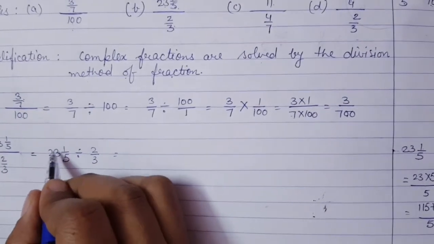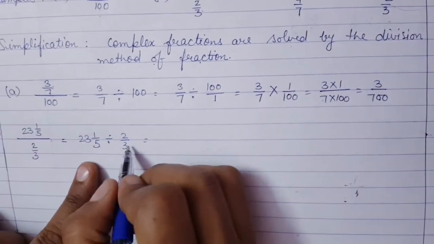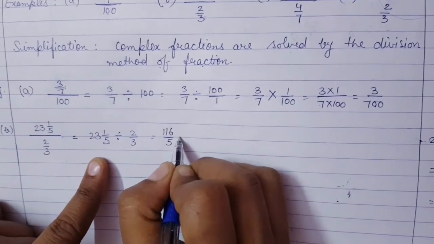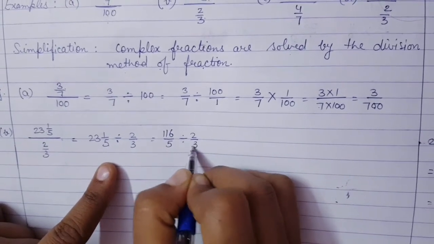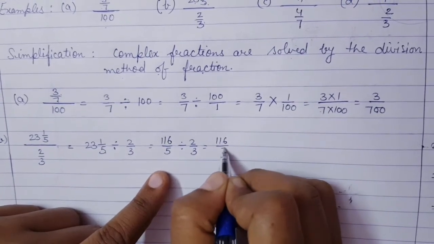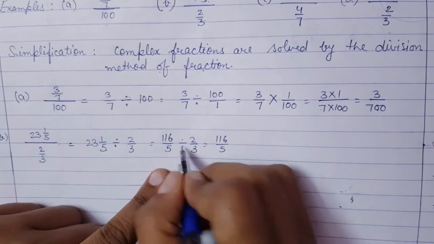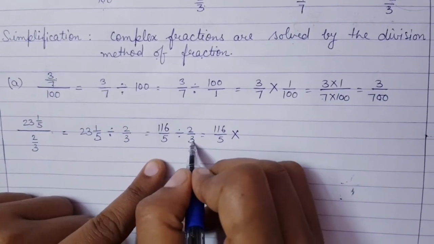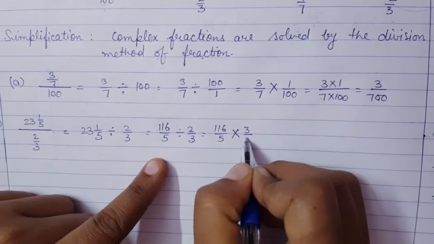So in place of this mixed fraction I am writing its improper fraction, that is 116 upon 5 divided by 2 upon 3. Now we can convert it into multiplication. The division will be converted into multiplication, and 2 upon 3 will be converted into its reciprocal, that is 3 upon 2.